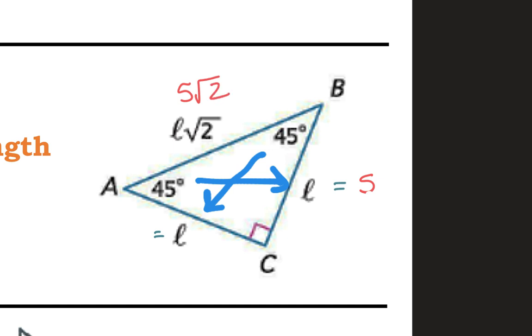So this is beneficial because when you're doing the Pythagorean theorem, if you know it's a 45, 45, 90, you don't have to sit there and do all the work with the Pythagorean theorem. You can say that the relationship of the sides of the 45, 45, 90 triangle is that the legs are the same. So if this is 7, this is 7, the hypotenuse will be 7 square root of 2.